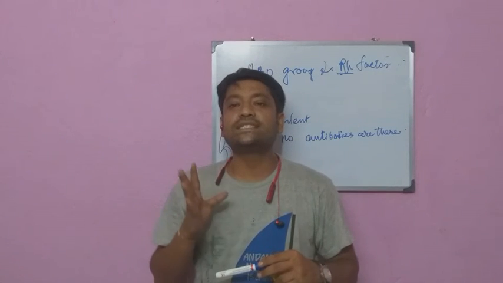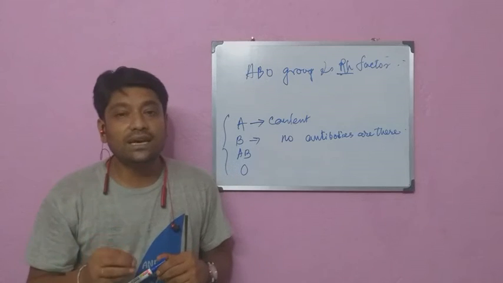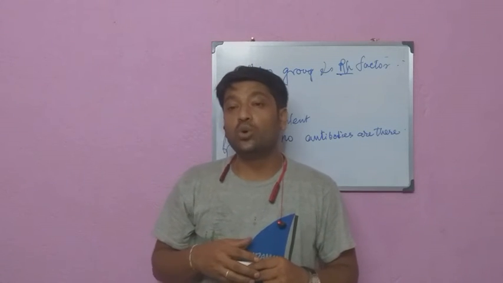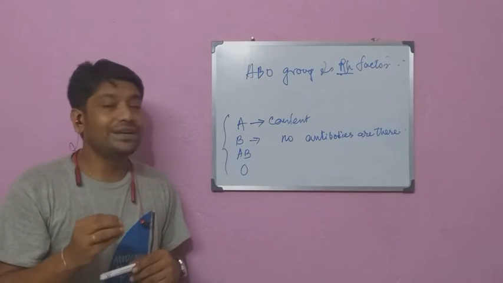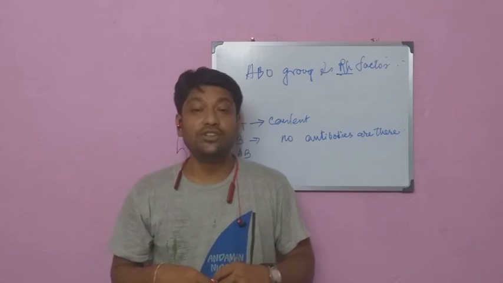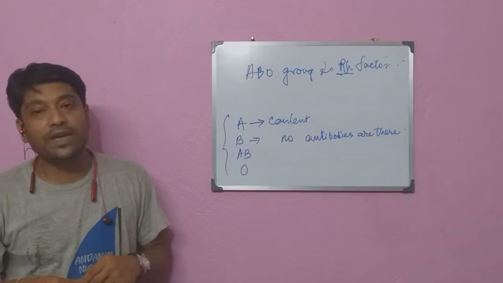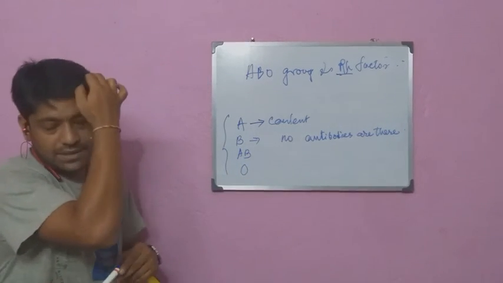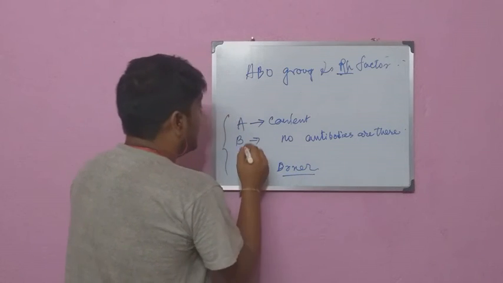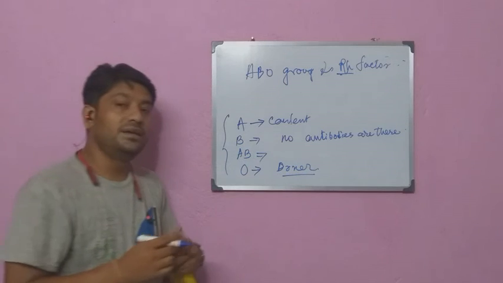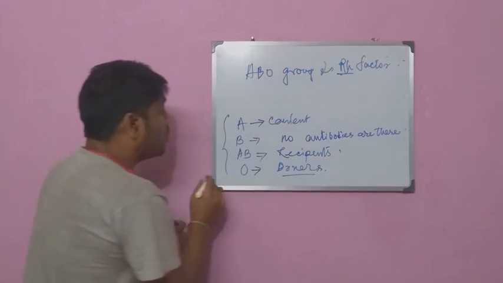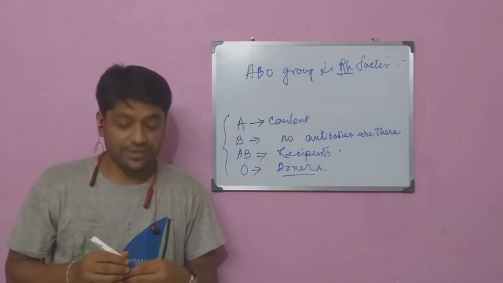A person of blood group A can receive blood from group A or O, as there are no antibodies for A and O in blood group A. Individuals of blood group O are called universal donors, whereas individuals of blood group AB are universal recipients.